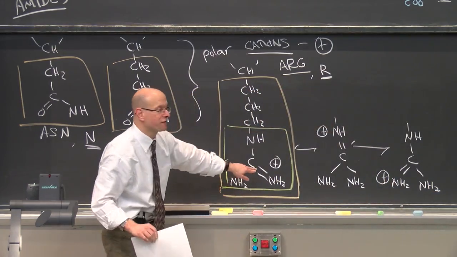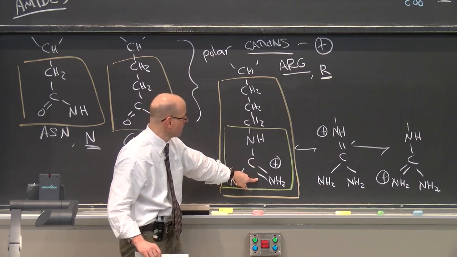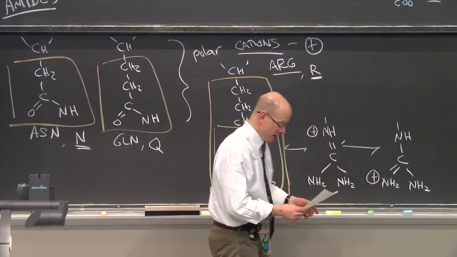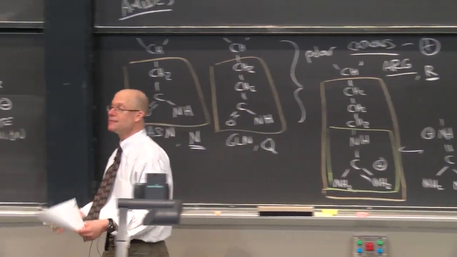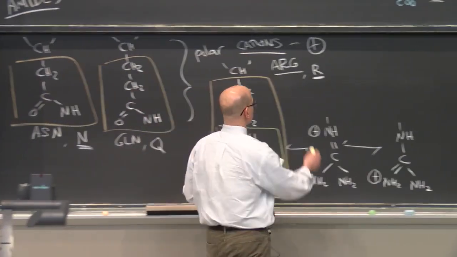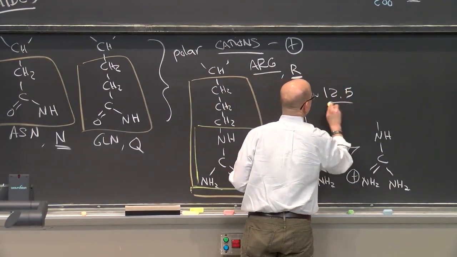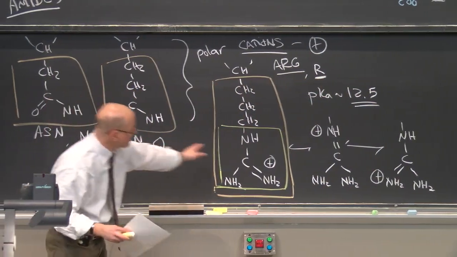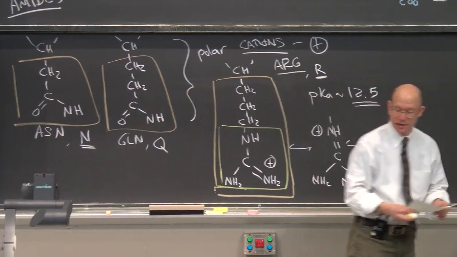Three different resonance forms, where all I've done is change where the carbon-nitrogen double bond is, from this nitrogen to this nitrogen to this nitrogen. And as a result, it's remarkably stable because I have 3 resonance forms that I can protonate. It's very easy to protonate. And so its pKa turns out to be on the order of about 12.5. Easy to protonate, right? Because look, I can distribute that positive charge among the 3 different nitrogens in the guanidino group.